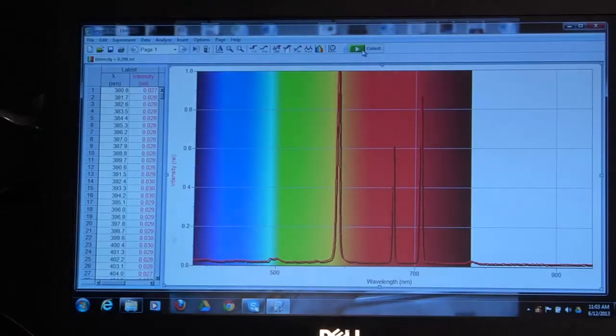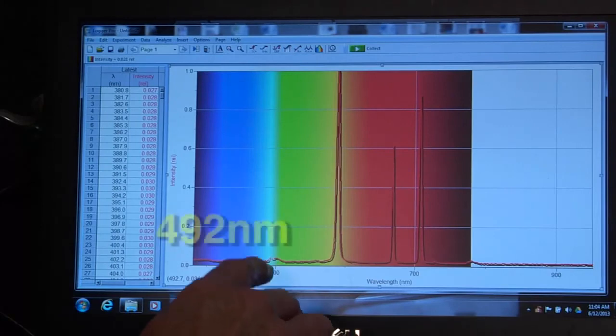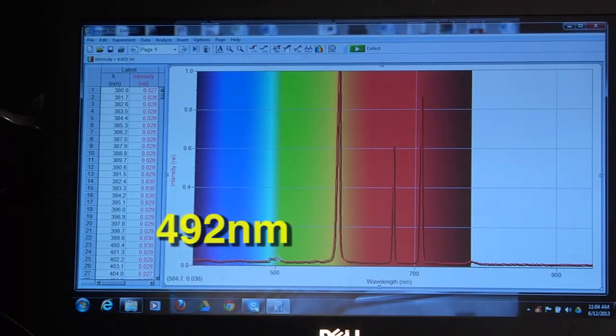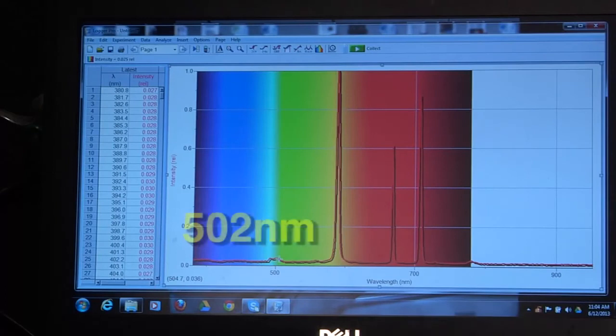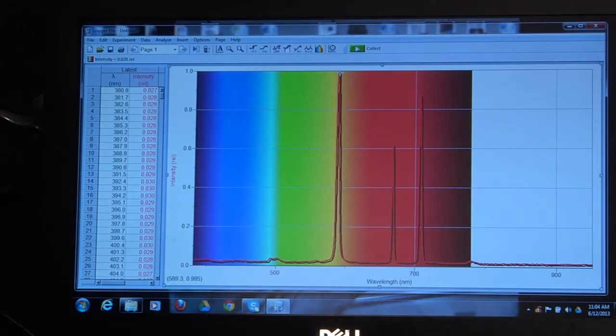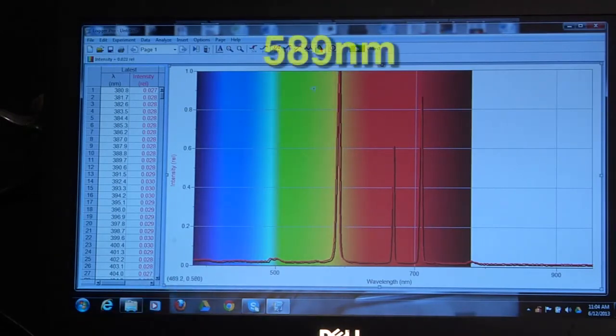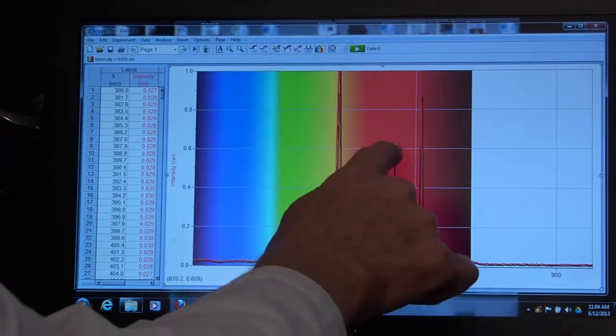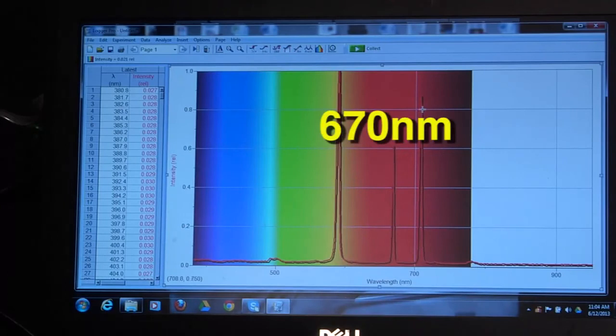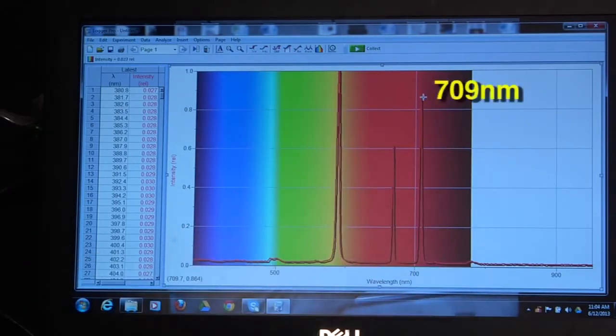What you see here, there are two very faint lines, one at about 492, another one about 502, but the three very significant ones are here at about 589, right here at 670, and here at 709.